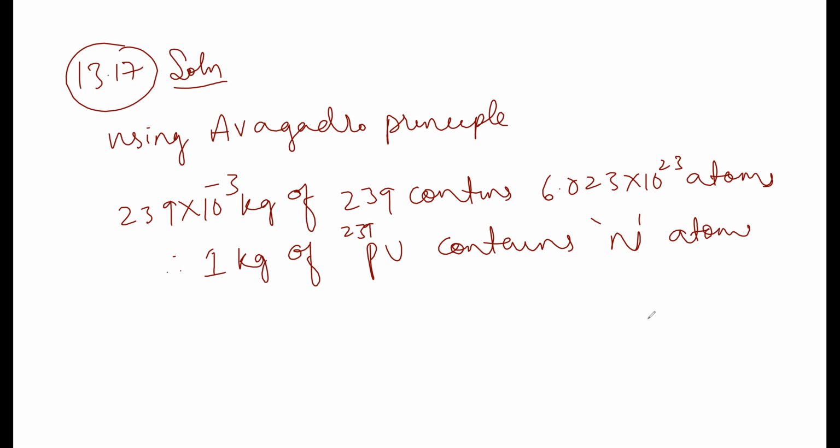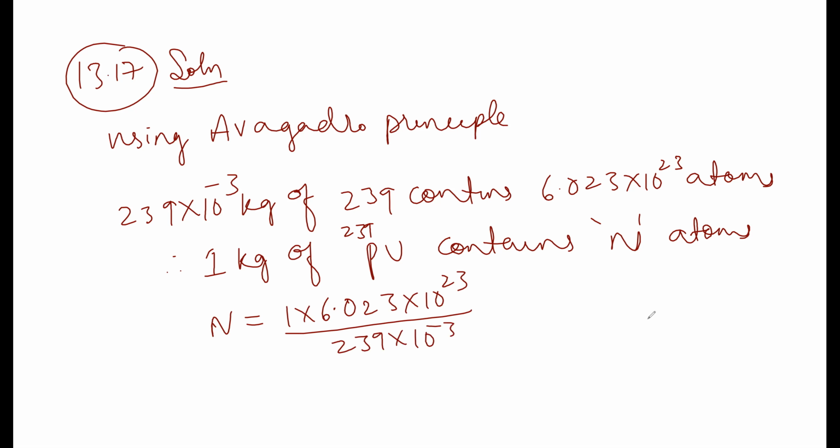So by cross multiplication, it is calculated by 1 into 6.023 into 10 to the power of 23 divided by 239 into 10 to the power of minus 3.